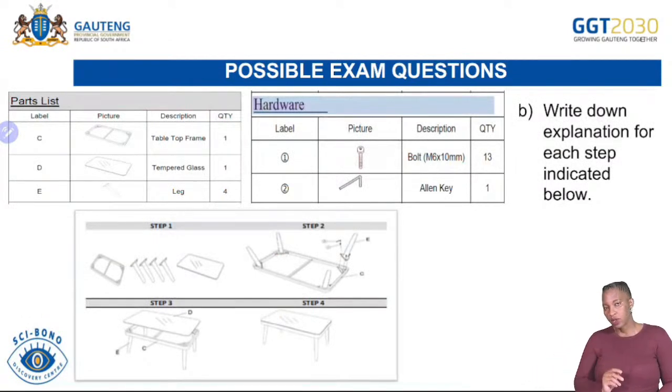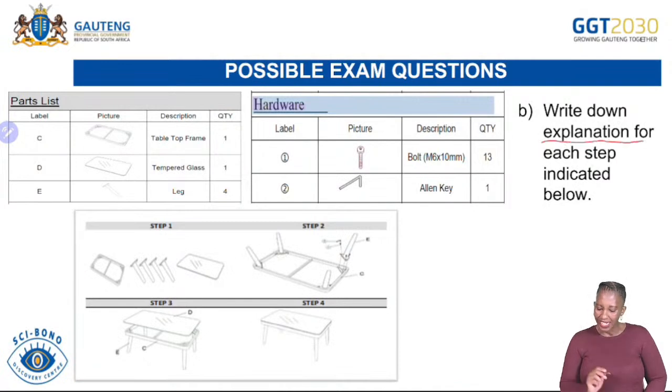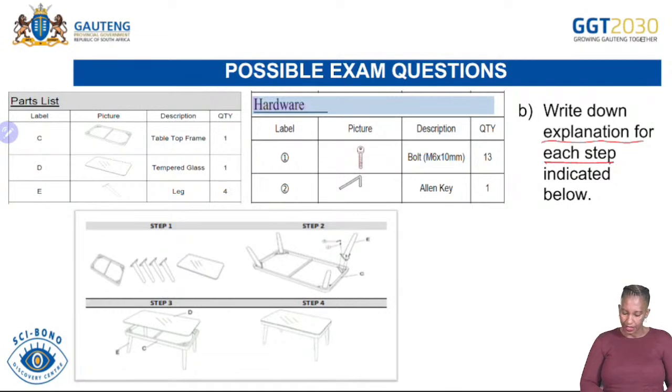Now, the next question, it says explain or write down an explanation for each step indicated below. Write down an explanation for each step indicated. Now you go to your instruction sheet, to your assembling diagram. Now they have given us step number 1, step number 2, step number 3, and step number 4.